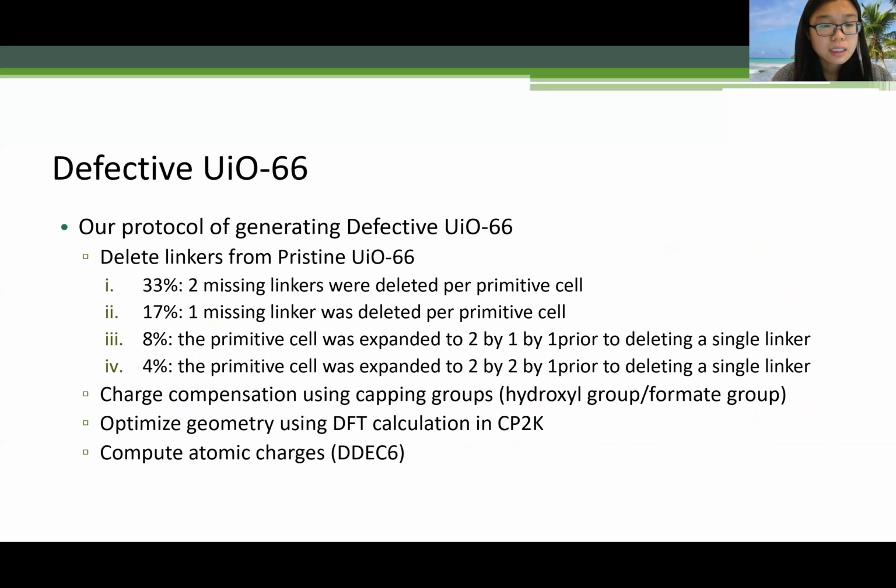And then we neutralize the open metal sites in the framework by adding hydroxyl groups or formate groups. After that, we optimize the geometry using DFT calculations in CP2K and add DDEC charges.